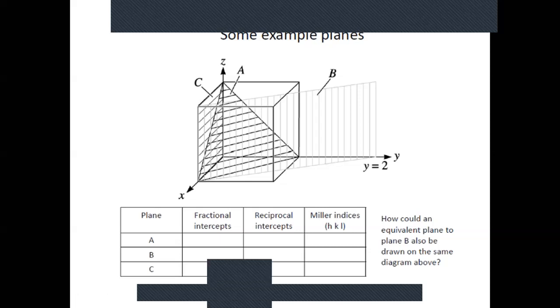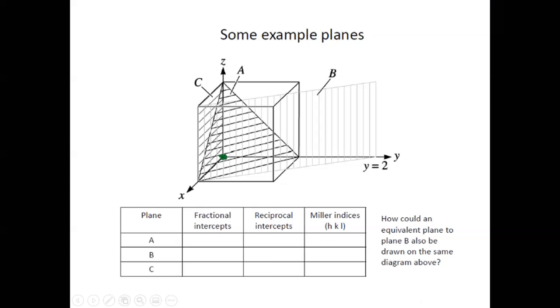So if we look at A, down here is the origin of this unit cell. It's right here. So A intercepts the z-axis at 1, the x-axis at 1, and the y-axis at 1.